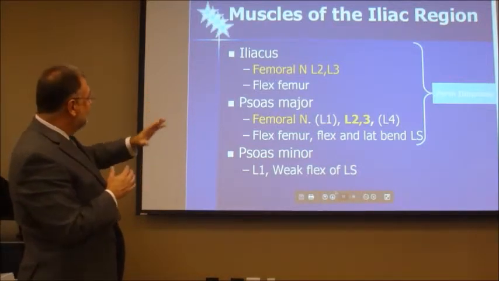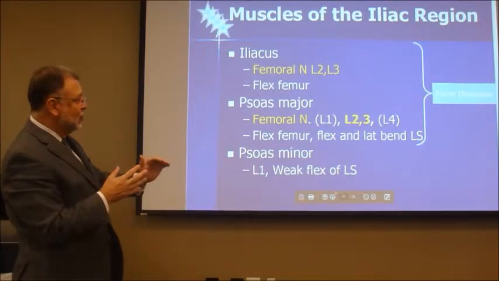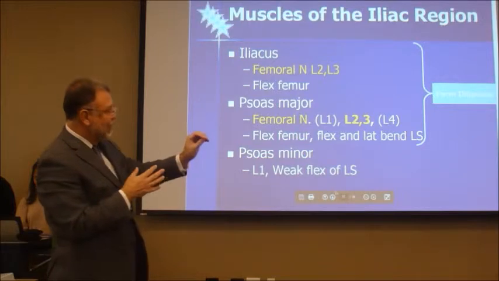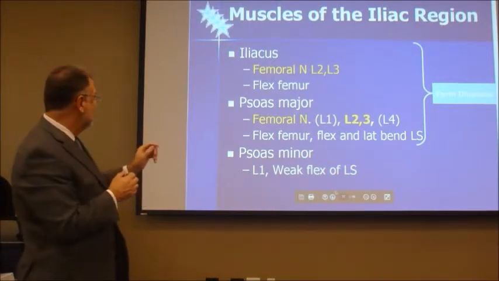The iliacus is from the iliac bone, that's its origin, and they blend together and insert distally in the lesser trochanter.